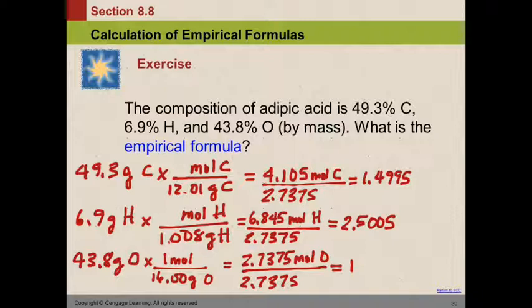And so when we multiply this by 2, we get 2.9999. Okay, so that ends up being 3. And when we multiply this by 2, we're going to get 5. And then we have to multiply this one also by 2. Because if we don't multiply all of them by the same number, we change the ratio, and the ratio is what we need.